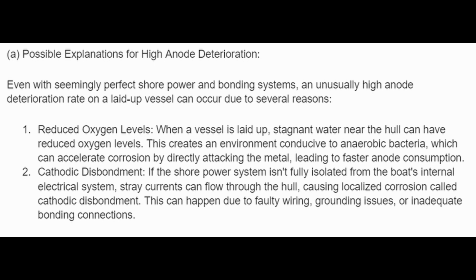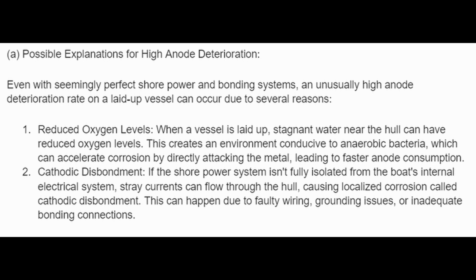Even with seemingly perfect shore power and bonding systems, an unusually high anode deterioration rate on a laid-up vessel can occur due to several reasons. 1. Reduced oxygen level. When a vessel is laid up, stagnant water near the hull can have reduced oxygen levels. This creates an environment conducive to anaerobic bacteria, which can accelerate corrosion by directly attacking the metal, leading to faster anode consumption. 2.